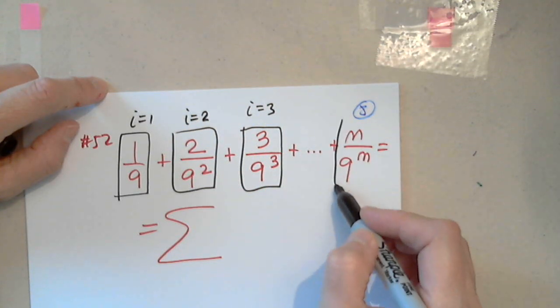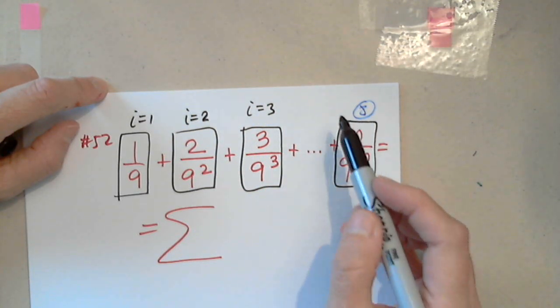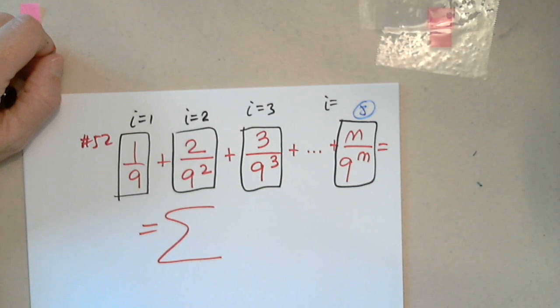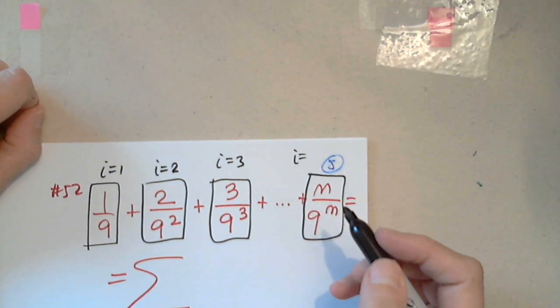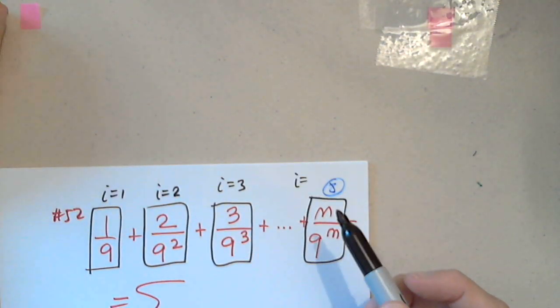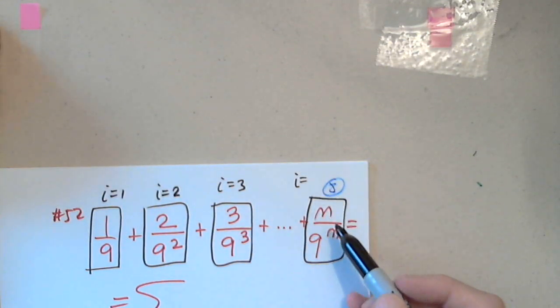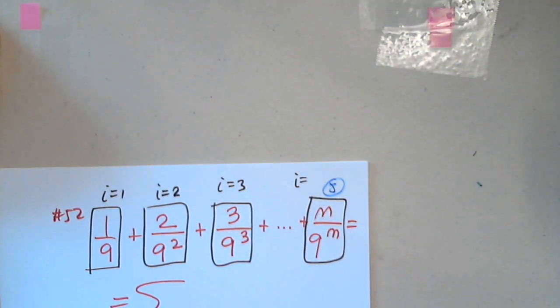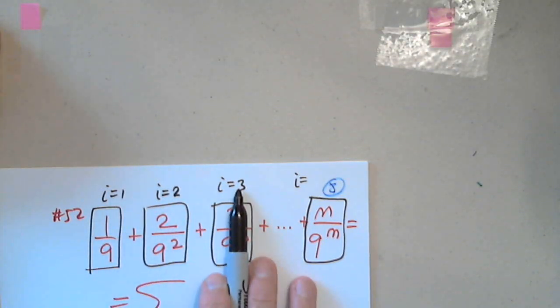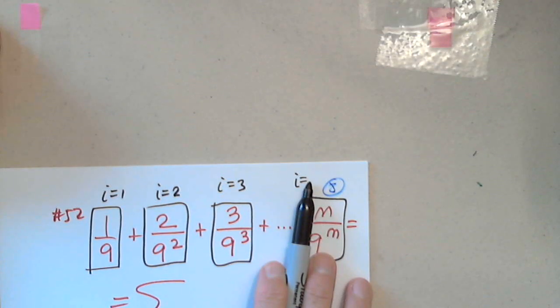And then what will I be here? What do you think? Would it be 8? So this will be n, right? Because we will go from 1 to 2 to 3 to n.